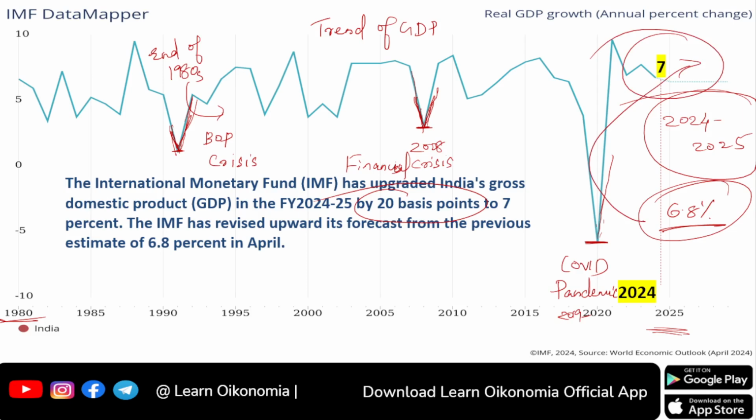So it was a revision the IMF made to its forecast from the previous estimate of 6.8%, and now we move with 7% real GDP growth in terms of annual percentage change.